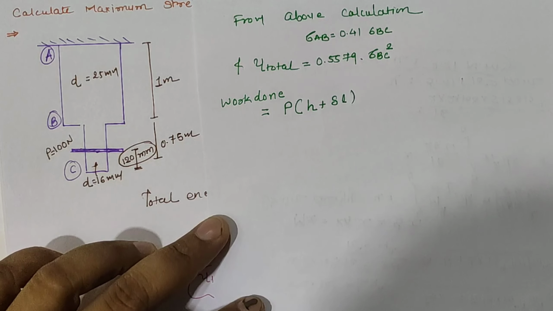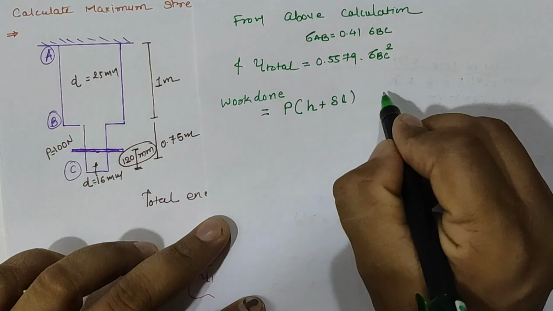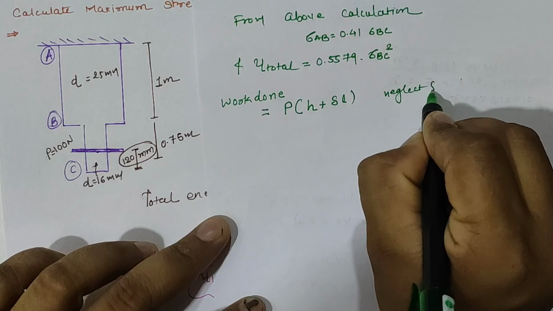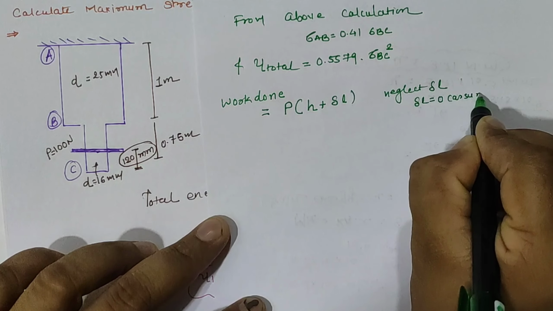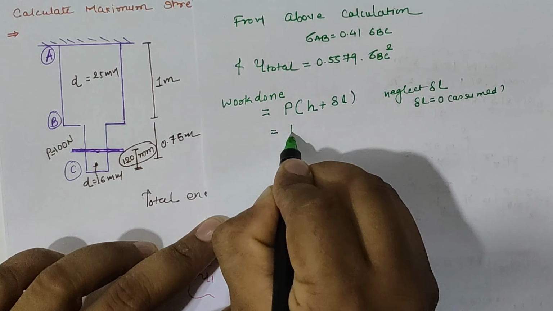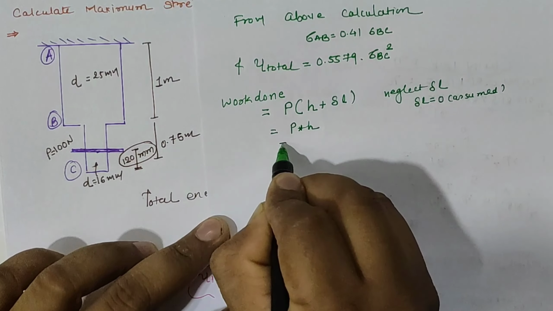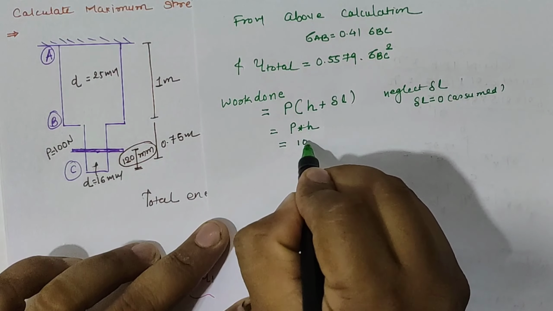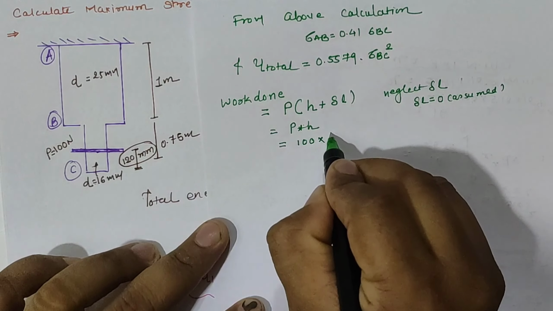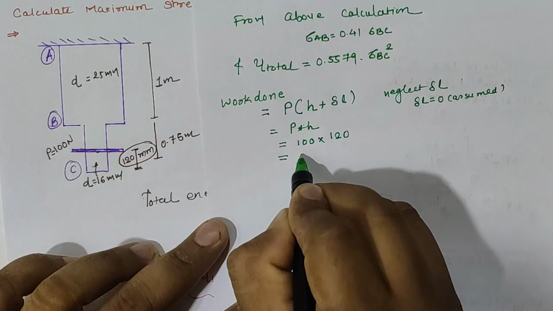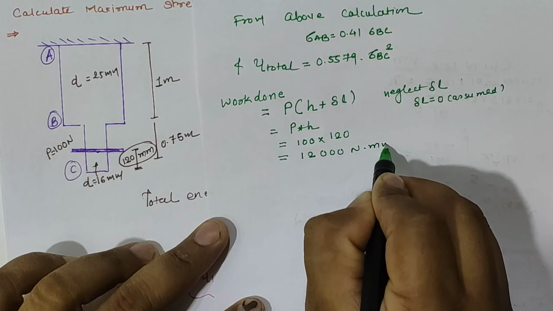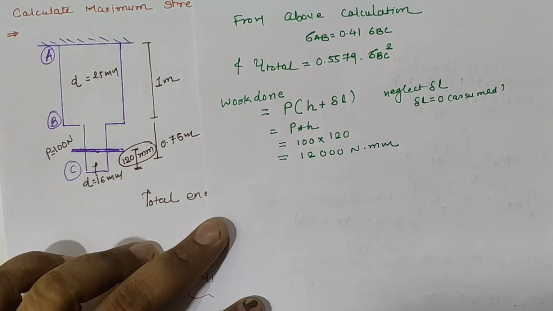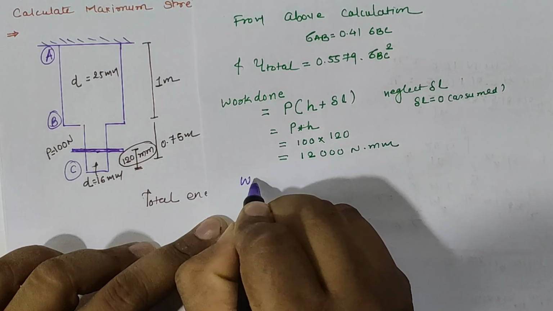Now for the given tapered section, if we neglect delta L, or assume delta L to be 0, then our value is P into H. Now P is given as 100 and height is given as 120 mm. So total work done is 12,000 Newton into mm.